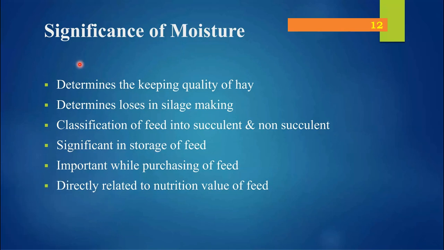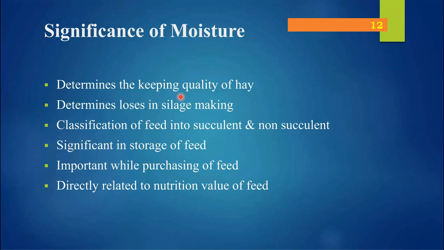Then, what is the significance of the moisture? It determines the keeping quality of the hay or maybe a concentrate feed, and determines the losses in silage making. The silage also contains a very high quantity of moisture, to the extent of sometimes 70%.